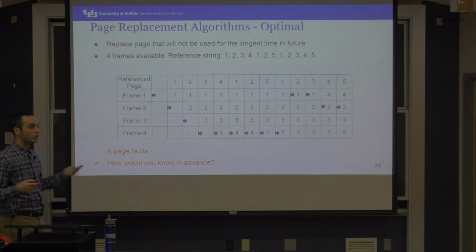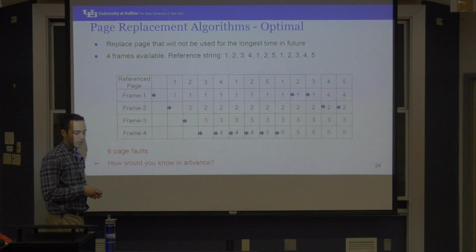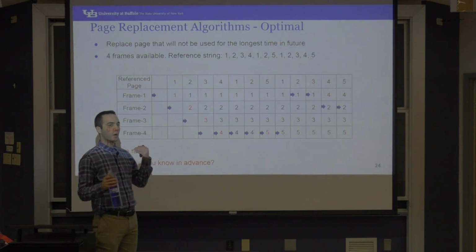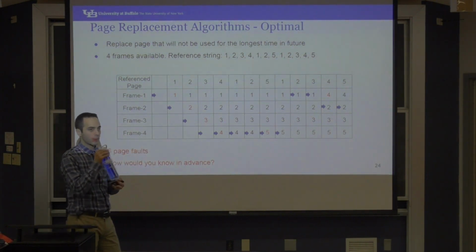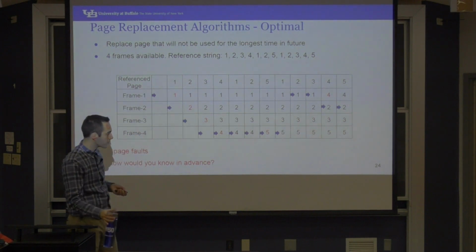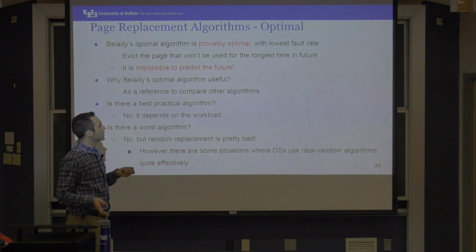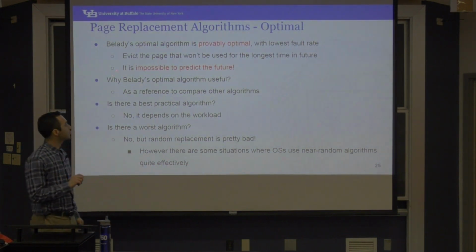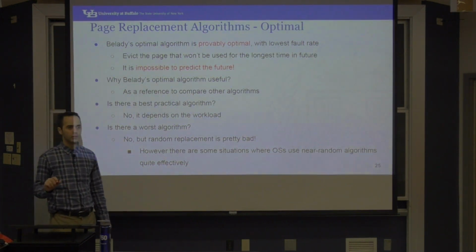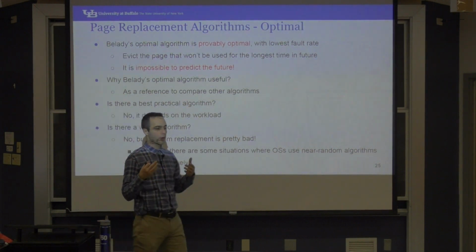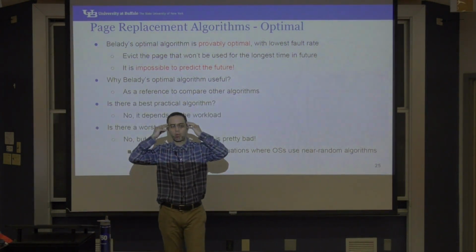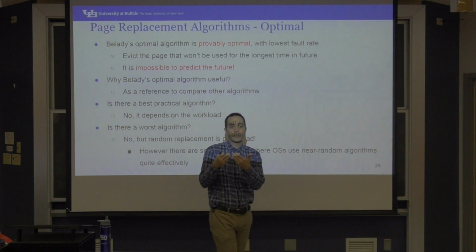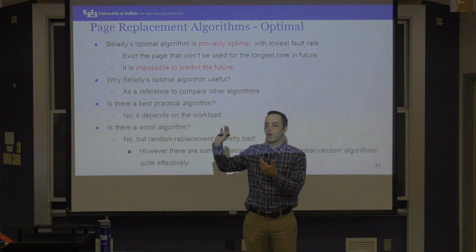The problem is that we don't know the future, right? The same as shortest job first. We might come up with approximations. But what is it used for? First of all, it's used as a reference to compare other algorithms. Although it is actually impossible, if we have the reference string, then we can use it as a benchmark for other algorithms.